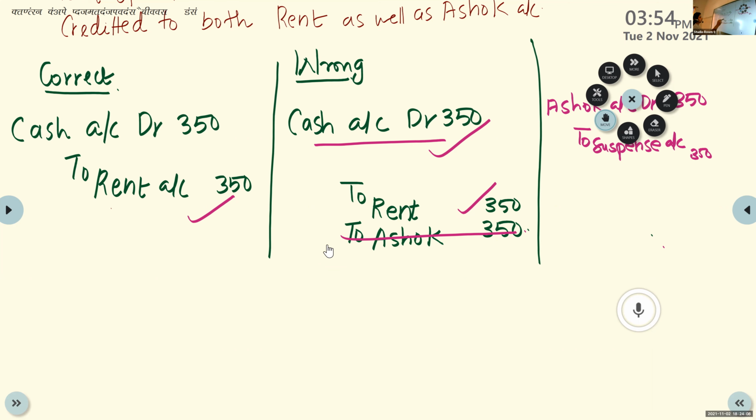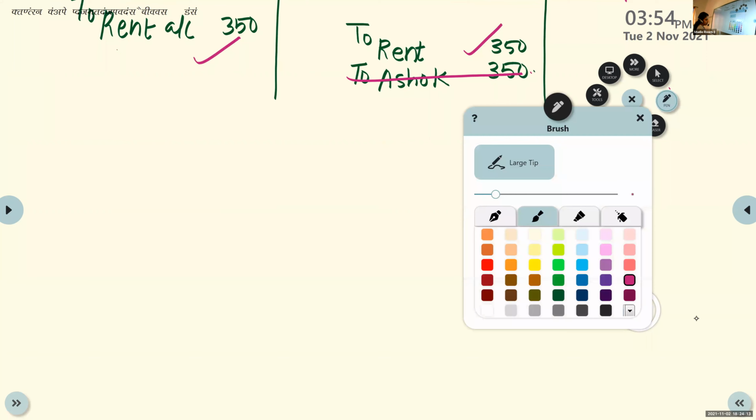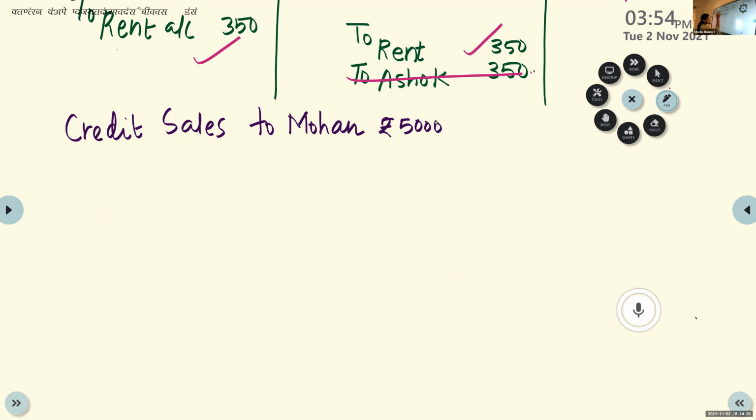Okay, moving to the next one. We'll discuss one more transaction, then we'll move to the numerical questions in the textbook. Credit sales to Mohan, rupees 5,000, recorded in purchase book.